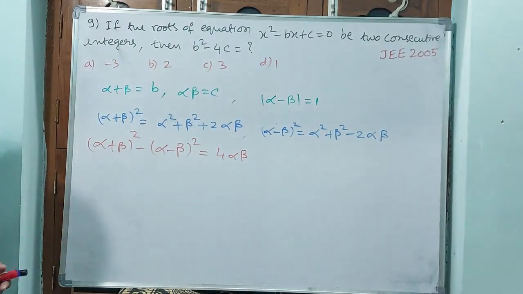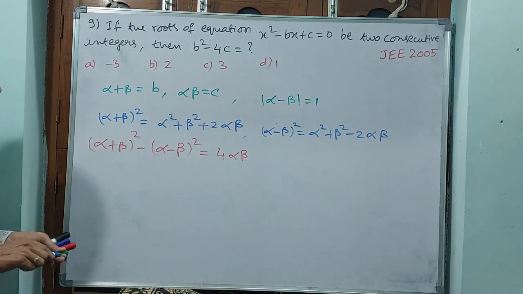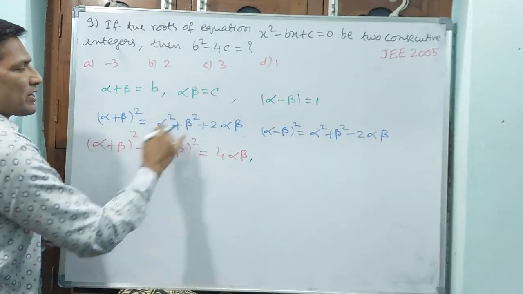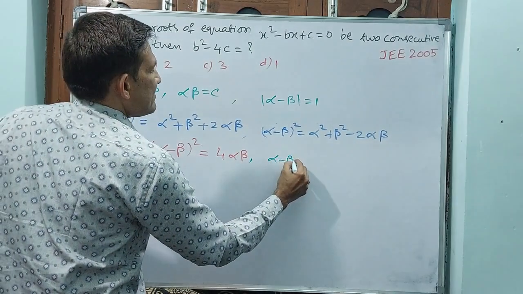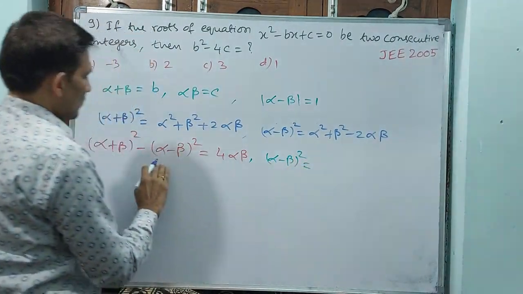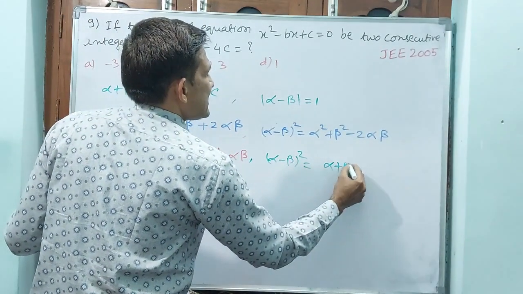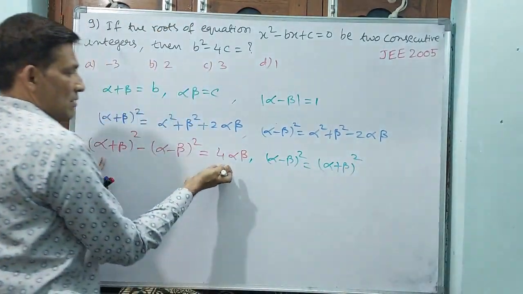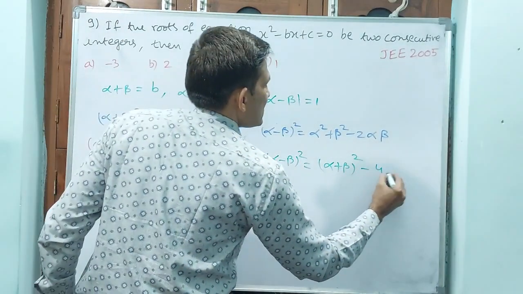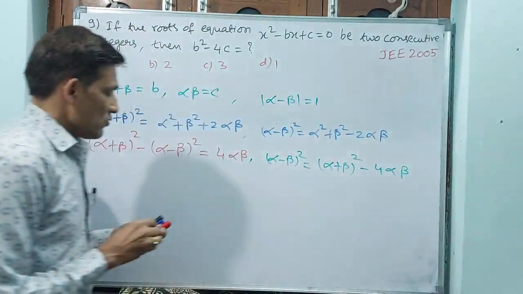Now I send alpha minus beta whole square to this side: it is equal to alpha plus beta whole square minus 4 alpha beta.